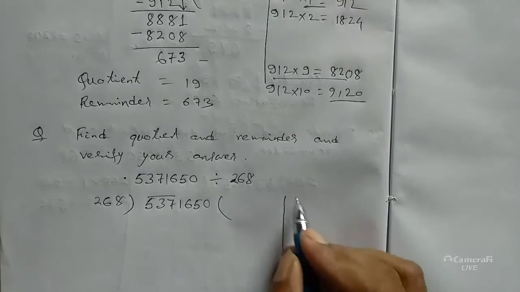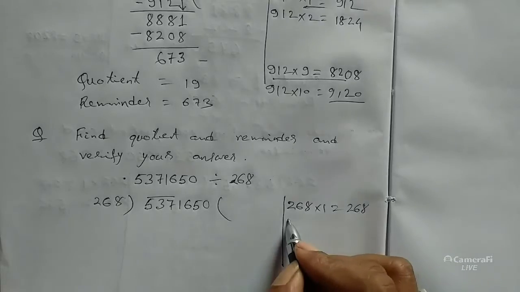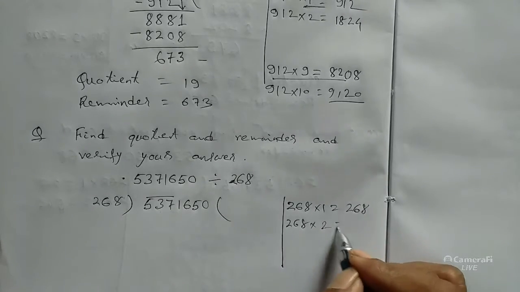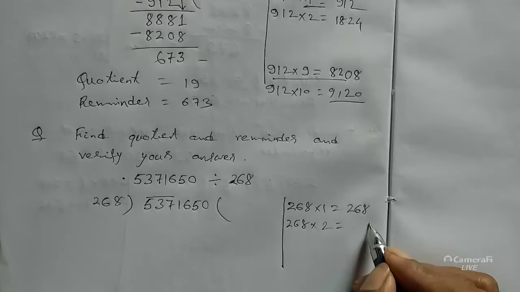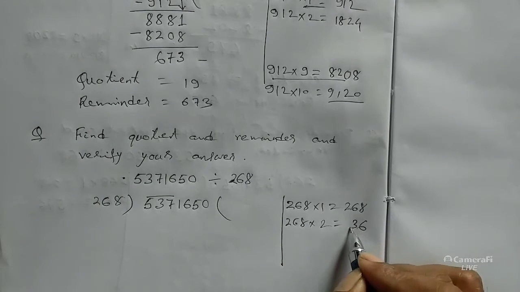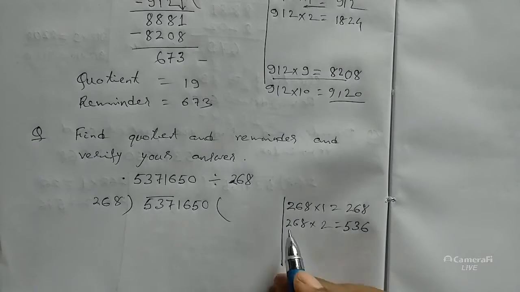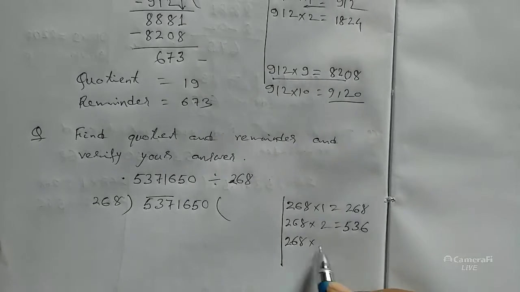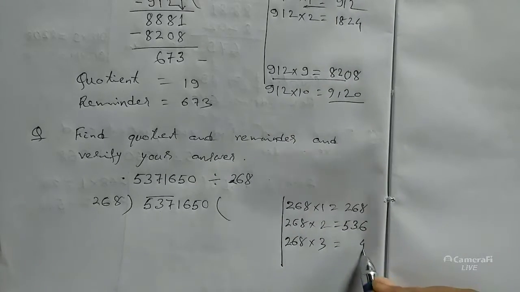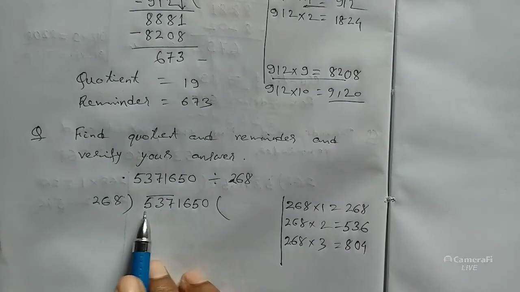If we go through the table of 268, we are getting 268 by 1 is 268, 268 into 2: 2 eights are 16, 6, 1 carry, 2 sixes are 12 plus 1 is 13, 1 carry, 2 twos are 4 plus 1 is 5, 536, very close to this one. 268 into 3: 3 eights are 24, 2 carry, 3 sixes are 18 plus 2 is 20, 2 carry, 3 twos are 6 plus 2 is 8, 804, which is much larger than 537.